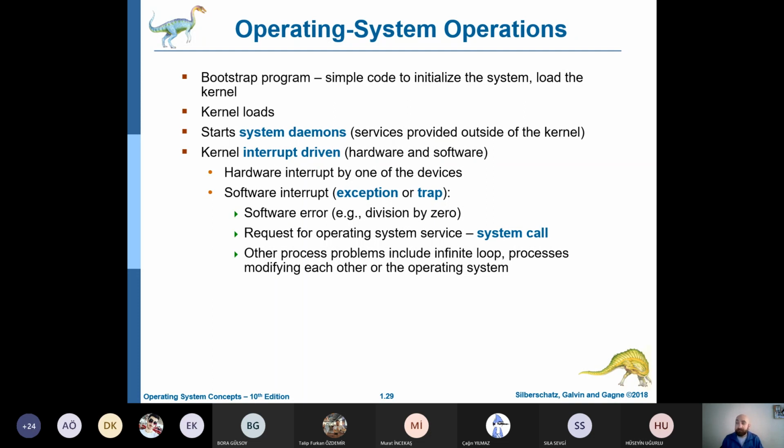So based on that basic knowledge about computer system organization, now we are ready to talk about operating systems. An operating system provides the environment in which programs are executed. So we can define an operating system like that too. We have application programs. Let's say I'm using just PowerPoint and Microsoft Teams for now.